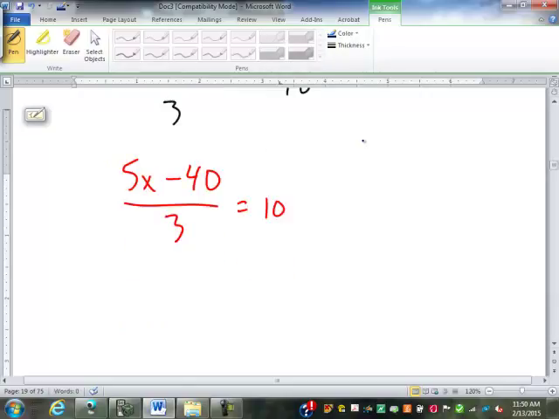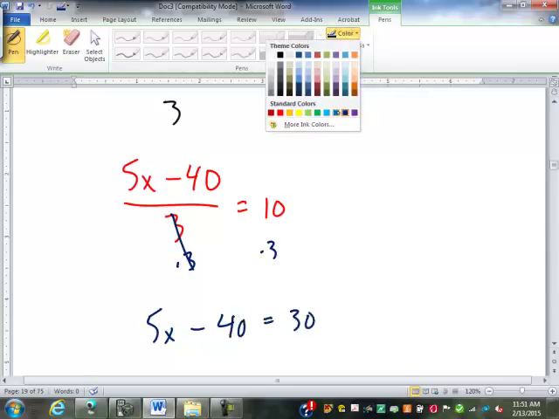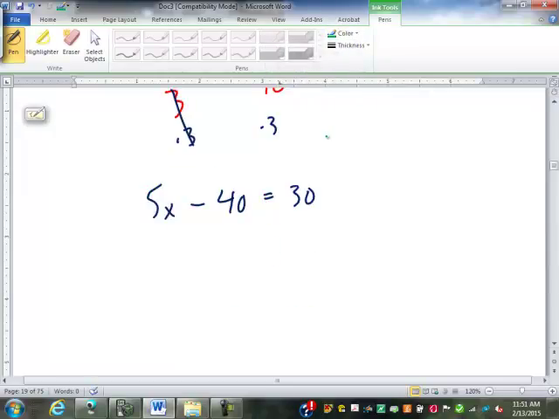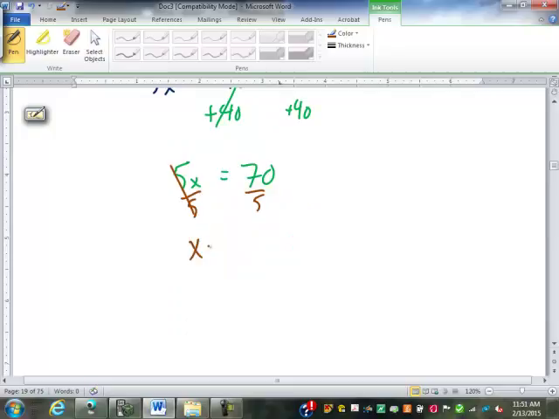From there, now we can multiply by the 3. 5x minus 40 equals 30. Adding 40, 5x equals 70. And finally, divide by 5. X gives us 14.